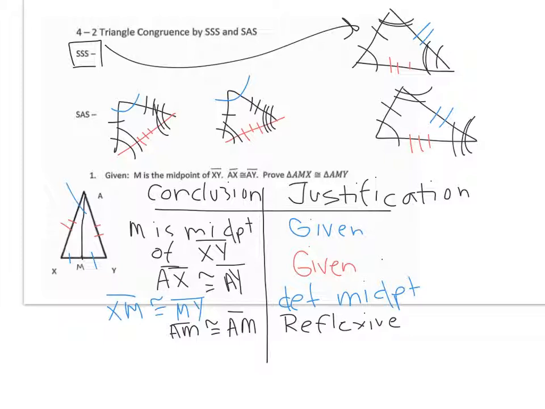So now I'm going to mark those 1, 2, 3. So I have three sides that are equal to three sides of another triangle. So now I can prove that these triangles are congruent. So triangle AMX is congruent to triangle AMY by side, side, side.